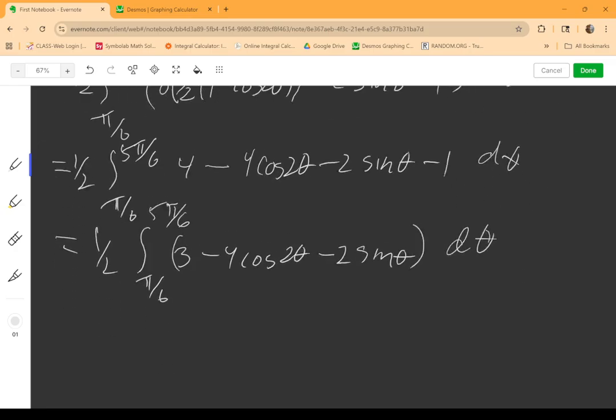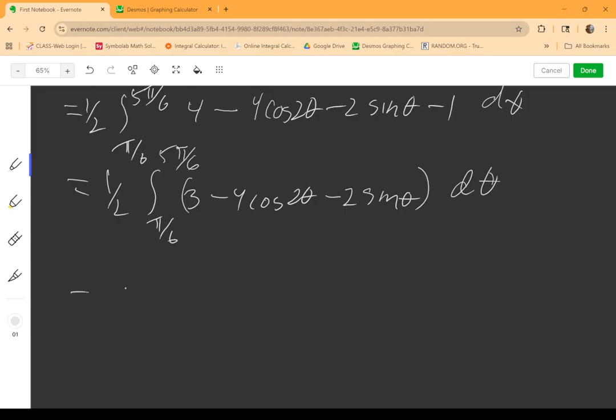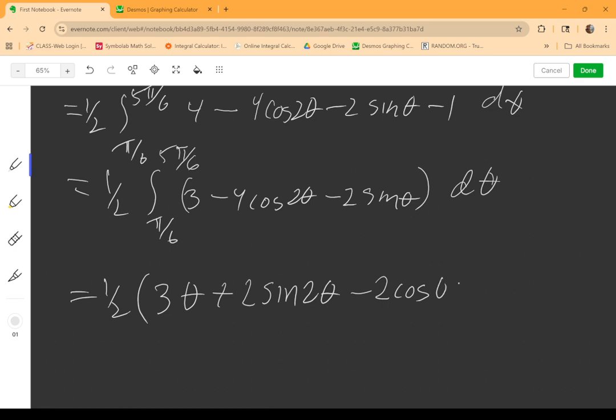Now finally I can integrate, and we get 1/2 times 3 theta plus 2 sine of 2 theta. We have to account for that 2, so I divide by 2, and then the integral is minus 2 cosine of theta, evaluated at 5 pi over 6 and pi over 6.